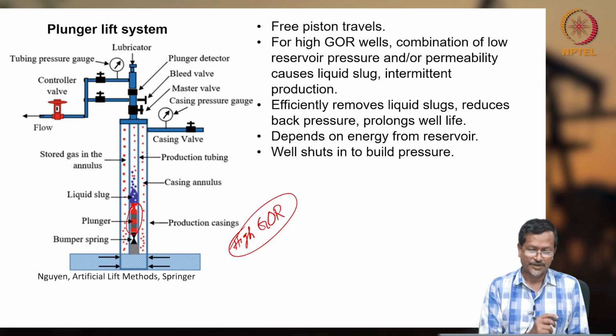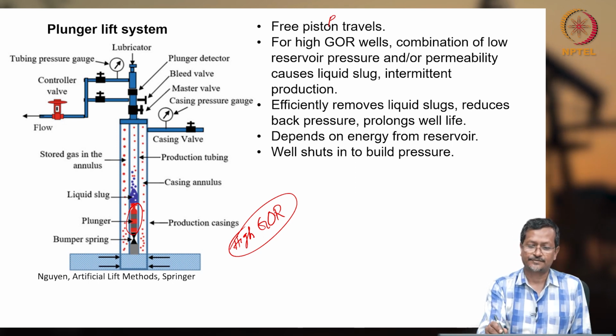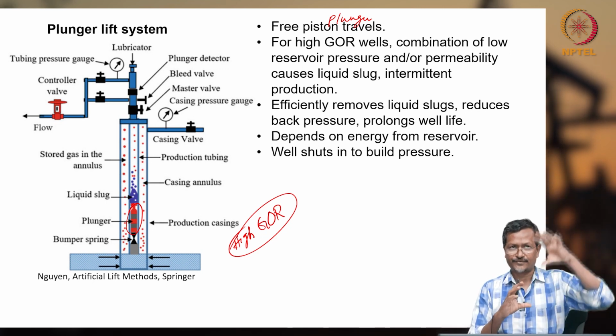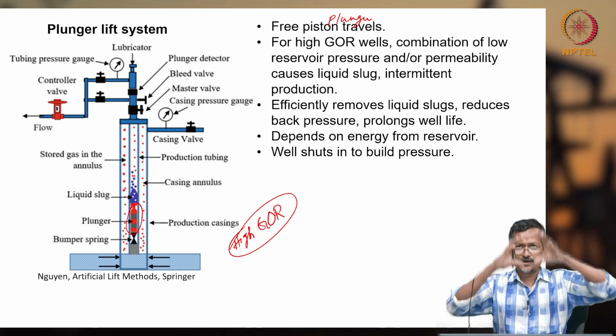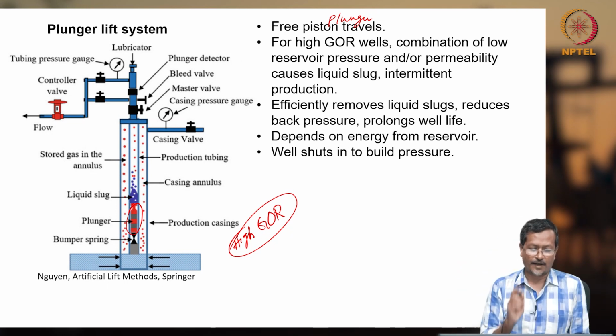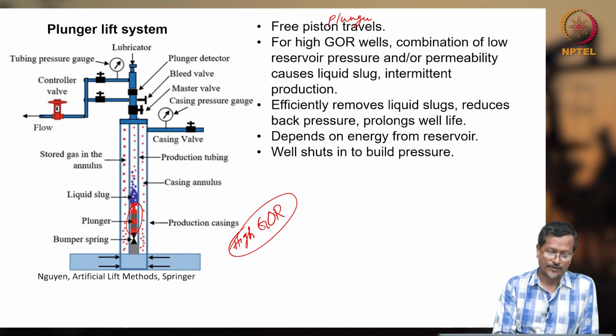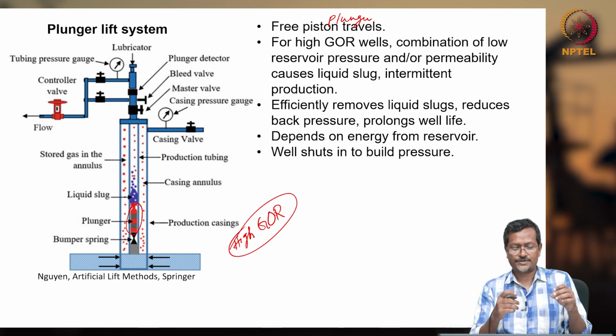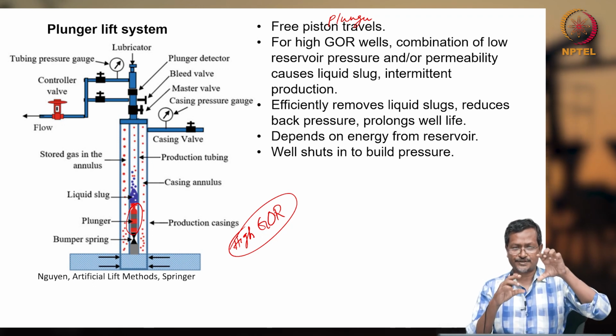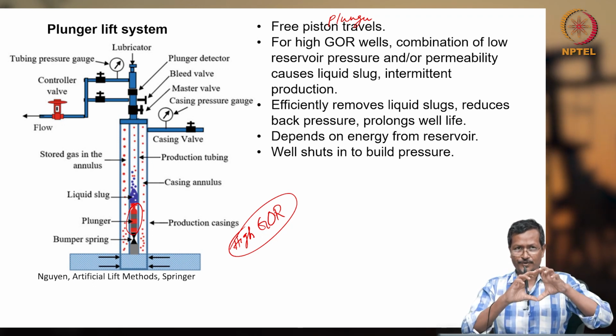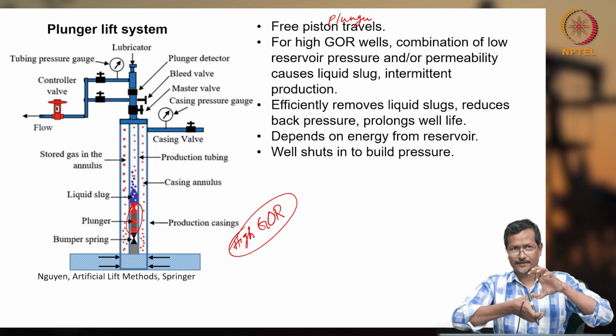Okay. One plunger or free piston, this is called plunger. Okay. So, the plunger is not connected to any surface unit or anything, it is just freely floating from bottom to top. How does it work? You take the plunger, the red portion you see with plunger written there. So, hold it at the bottom, okay, there will be one bumper spring.